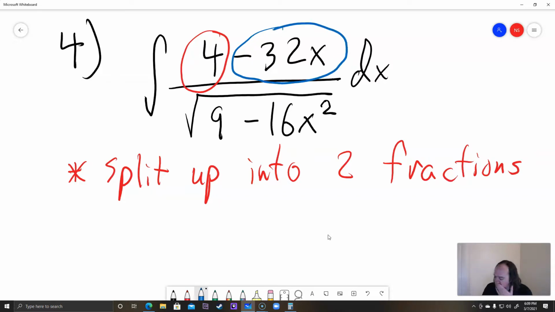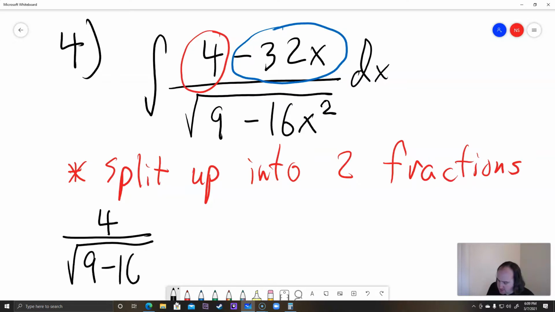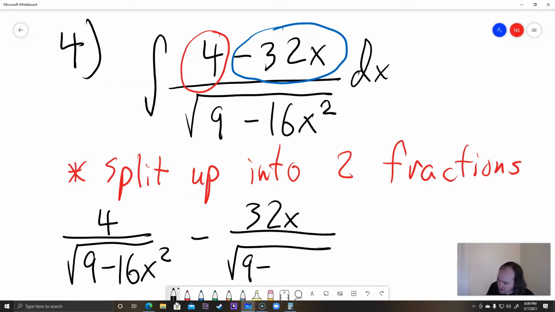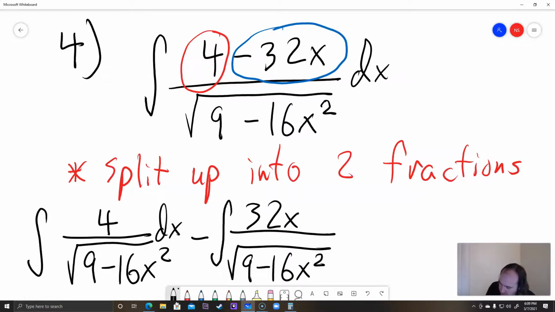So I can split that up into 2 fractions. That's going to be 4 over the square root of 9 minus 16x squared, minus 32x over the square root of 9 minus 16x squared. And then we have two separate integrals, which are both going to be dx. So this is going to be the integral of this one, dx, and then the integral of that one, dx.